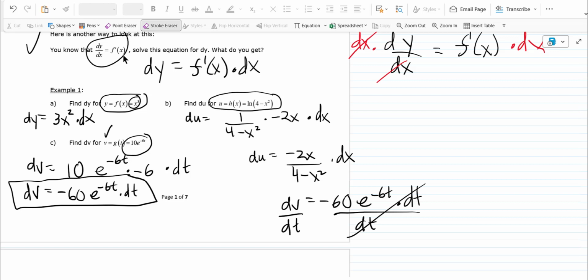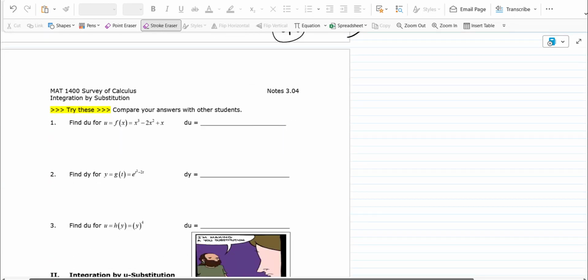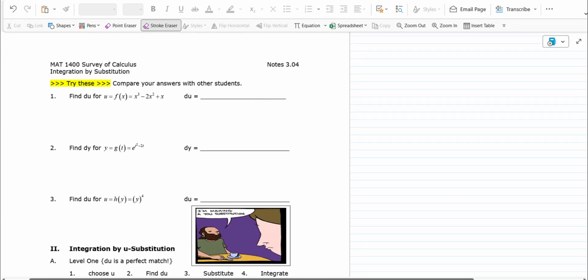That's all it is. It's just writing that lower part of that Leibniz notation on the other side of the equation. That's all it is. And that's really all I'm doing in this problem. Okay, so I'll let you do these 3 problems real quick and see how you do. Shouldn't be anything to that. And then we'll start talking about test review stuff.